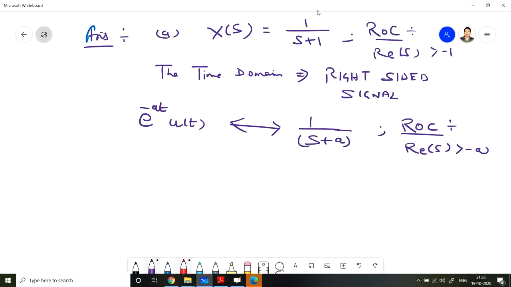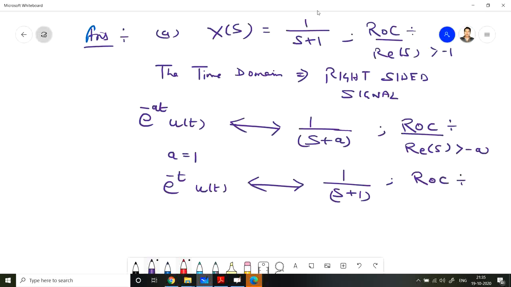Now if we put a equal to 1, what will we get? We will get e^(-t) u(t), and the Laplace transform of this is 1/(s+1), and the ROC is real part of s greater than minus 1.